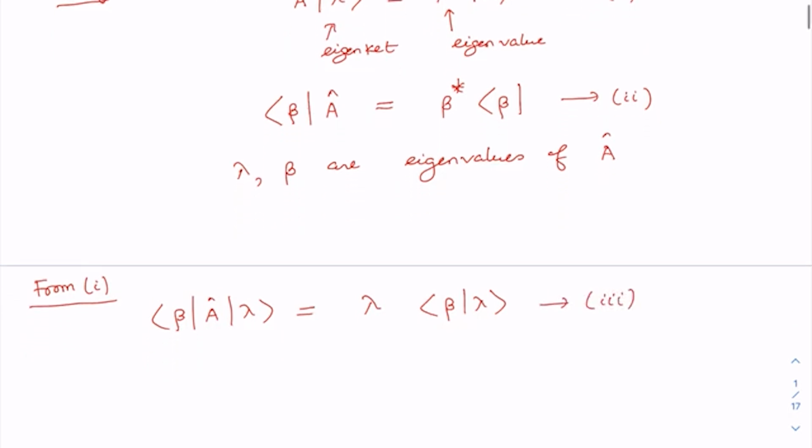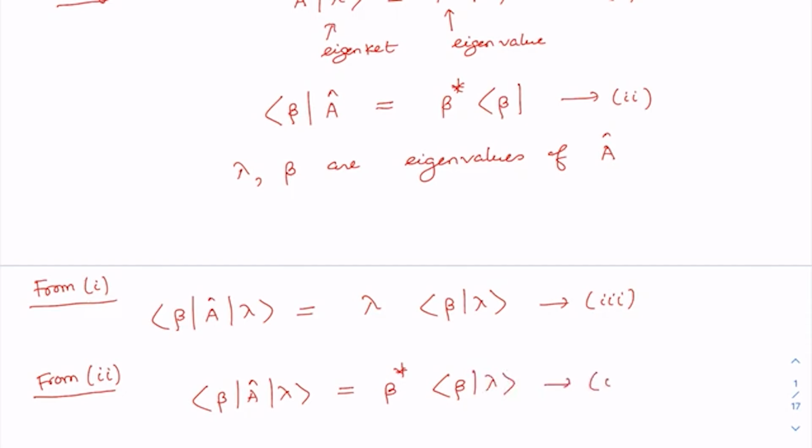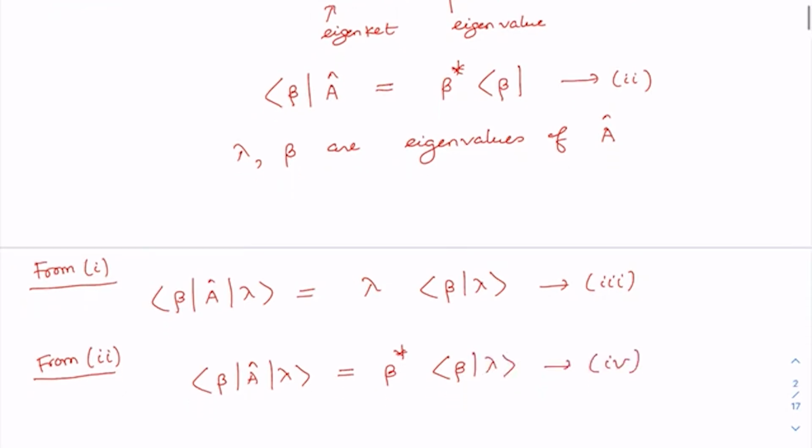Similarly let me multiply equation number 2 on both sides from the right by the ket λ. So I will have ⟨β|A|λ⟩, and that would be equal to β*⟨β|λ⟩. So let me label it as equation number 4.